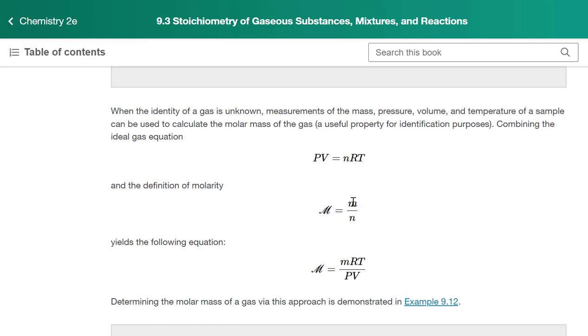Mass per mole. The lowercase m is mass, the lowercase n is moles. So mass per mole, not molarity, but molar mass. If we combine those equations, we would get molar mass is equal to mass times R times T divided by P times V. Again, you can algebraically do it yourself to come up with that equation if you needed to.